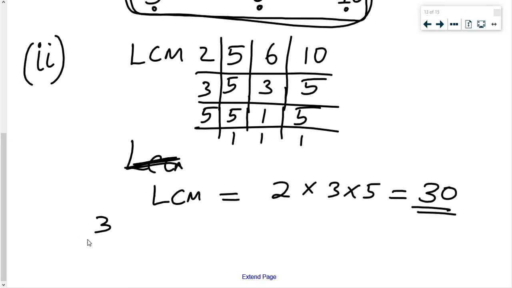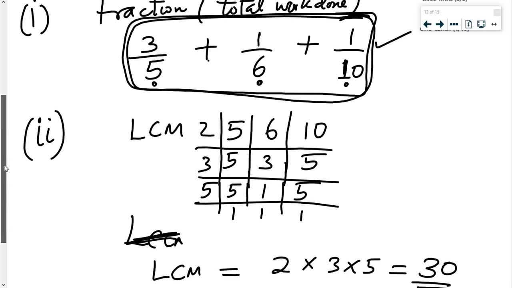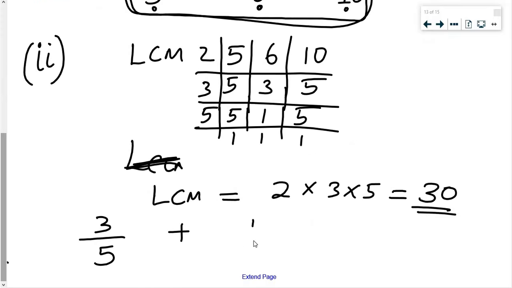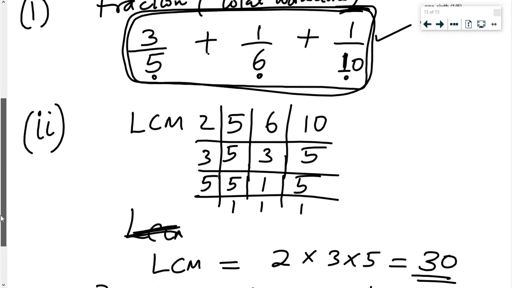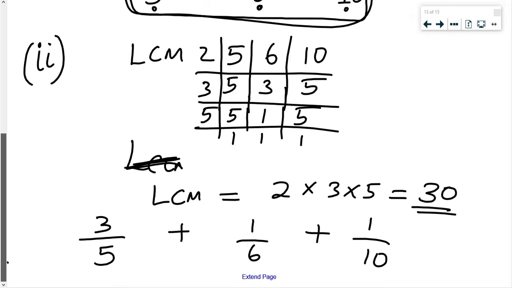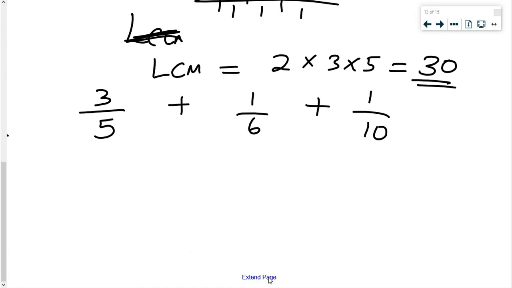Now can you find the sum of this fraction? So you have 3 upon 5 plus 1 upon 6 plus 1 upon 10. Now, you have to turn 5 into 30.